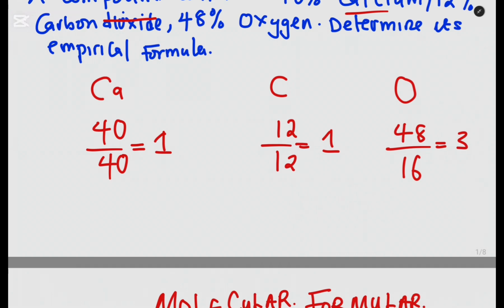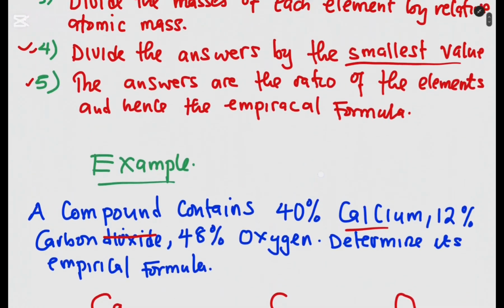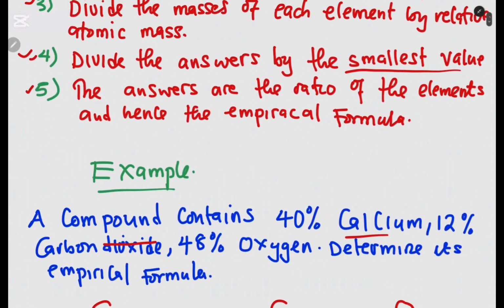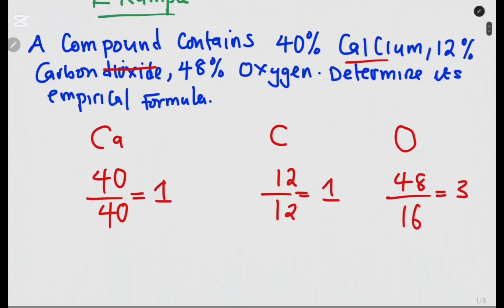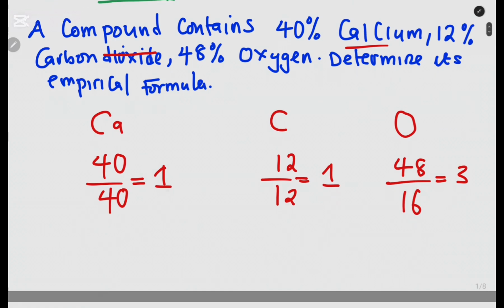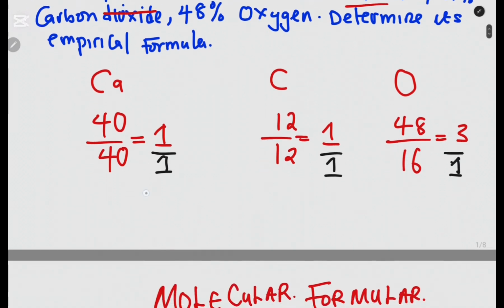Now, the fourth step: we are supposed to divide the answers by the smallest value. Of these values that we found, 1, 1, 3, which one is the smallest? The smallest, of course, is 1. So you are going to divide by 1 throughout. What we find as the answer here is 1, here is 1, and here is 3.